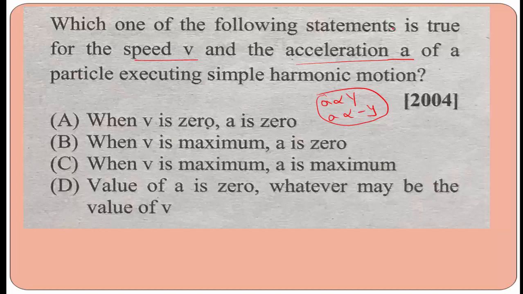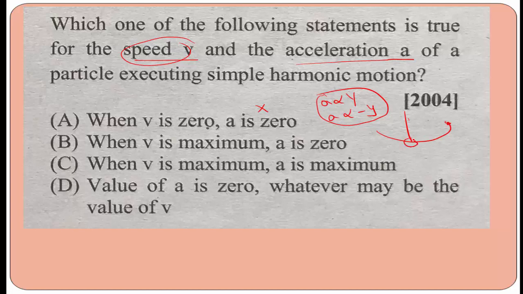Which one of the following statements is true for the speed v and acceleration a of a particle executing simple harmonic motion? Velocity v is 0, a is 0. No, this is wrong. The velocity v is maximum, a is 0. Yes, here at this point the acceleration is 0.